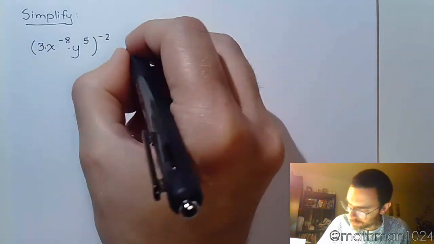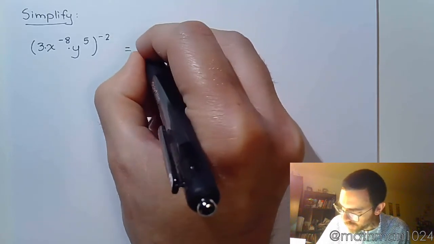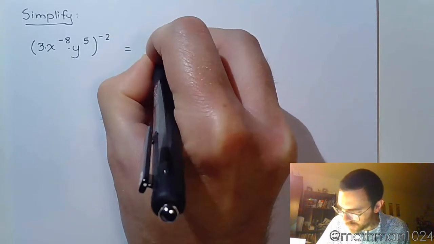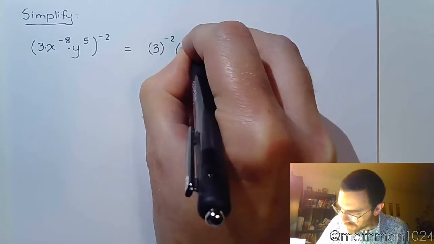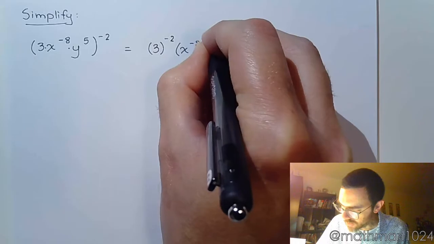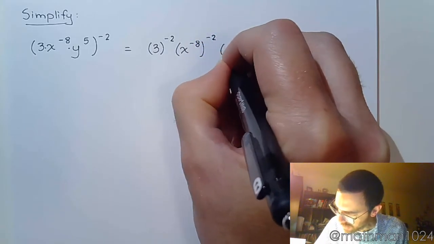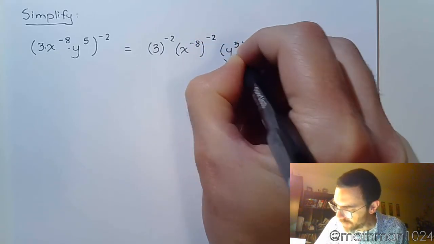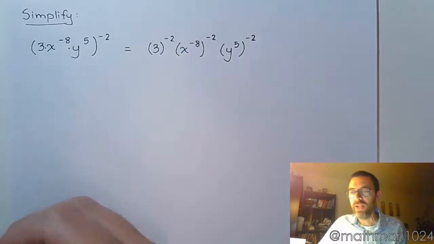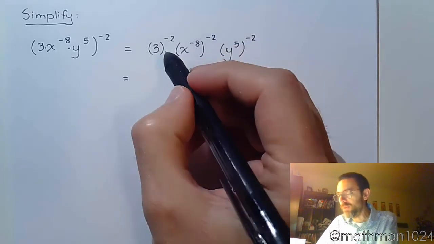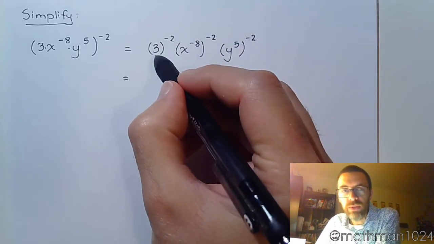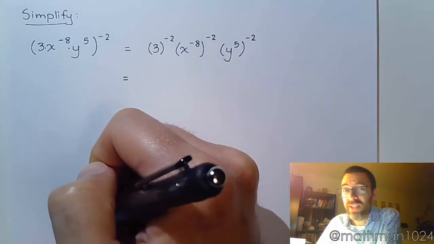So when I work this out, this means that I'm going to have 3 raised to the negative 2nd, x to the negative 8th raised to the negative 2nd, and then y to the 5th raised to the negative 2nd power. Now, here's one of the little problems that we run into, is that we can't really do 3 to the negative 2nd right now because it's a negative power.